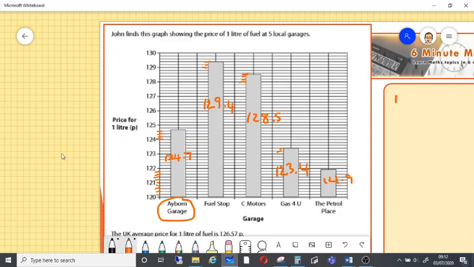So I'll just write those down: 124.7, 129.4, 128.5, 123.4, and 121.9.